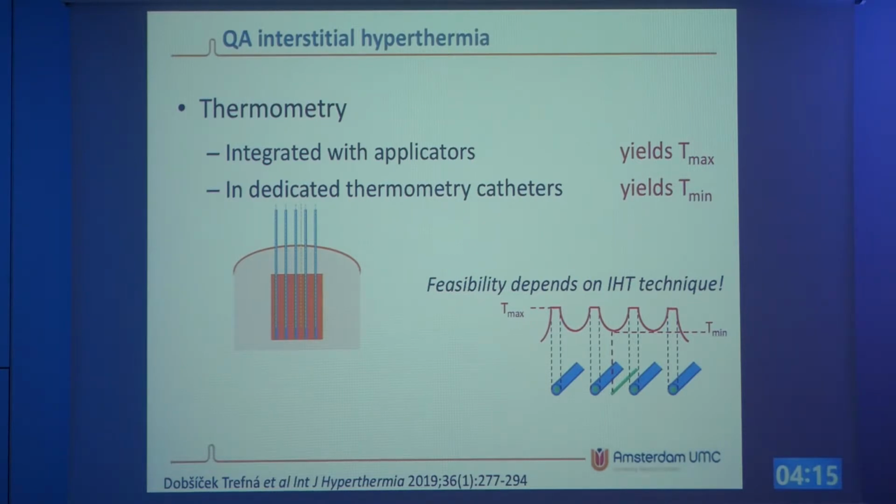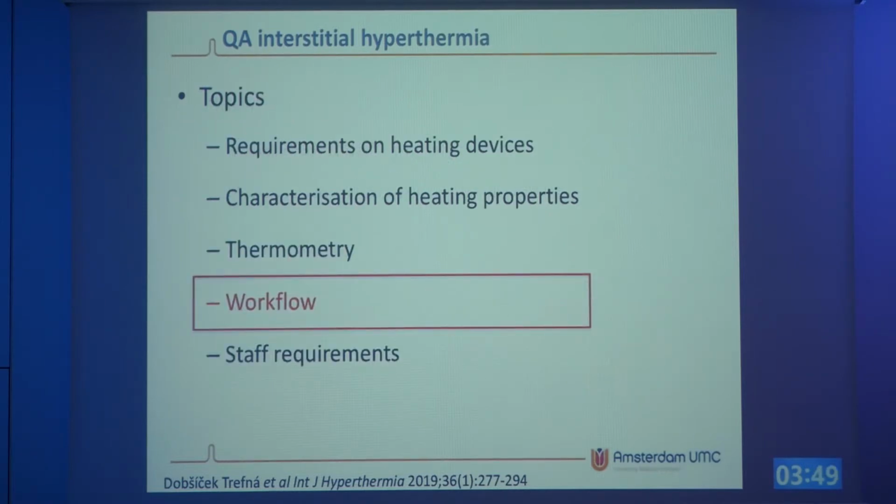So it really depends on the technique used, whether it's possible to combine thermometry with your applicator. In most cases, you will have to insert additional catheters for your thermometry. And in that case, you get the minimum temperature, which is also a quite relevant parameter and possibly more important than the maximum temperature. I will return to that.